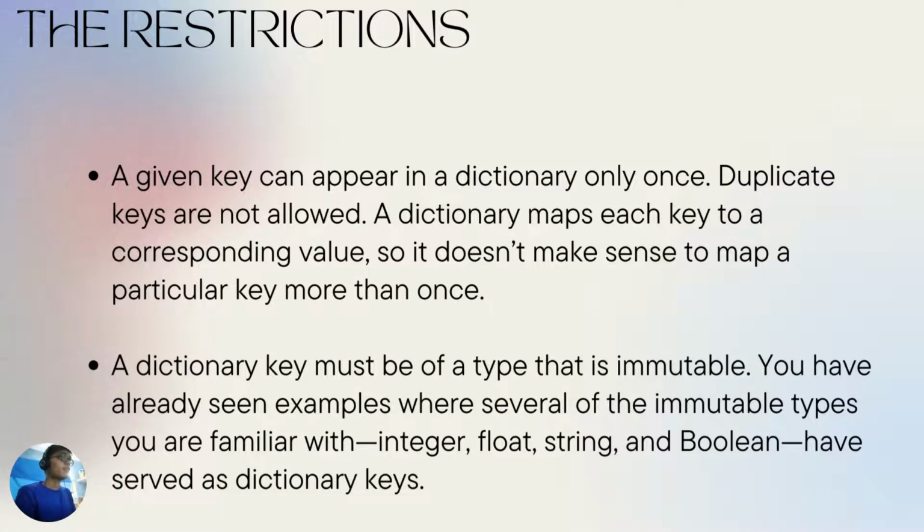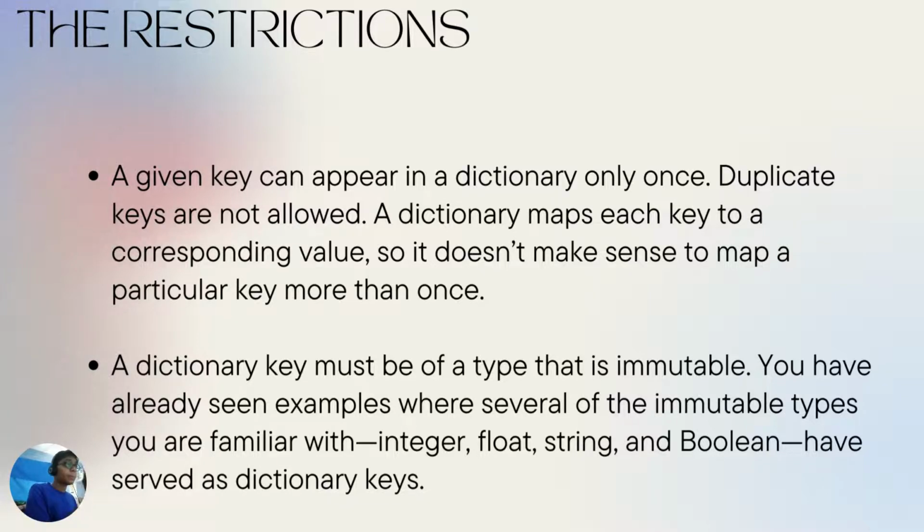Duplicate keys are not allowed. A dictionary maps each key to a corresponding value. So it doesn't make sense to map a particular key more than once. So there can be only distinct keys, and if you try to enter a new key with a new value, it just updates the key value pair but does not add another key to it.